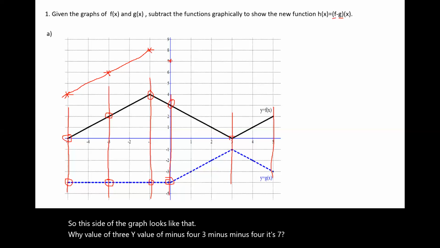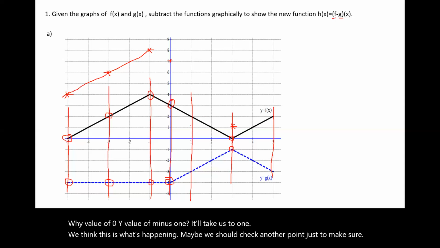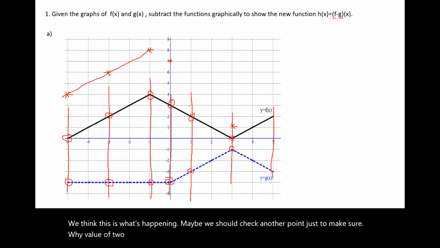Y value of 0, y value of -1, that'll take us to 1. We think this is what's happening. Maybe we should check another point just to make sure. Y value of 2, y value of -3. That gives us a y value of -5. Looks like we're on the right track here.